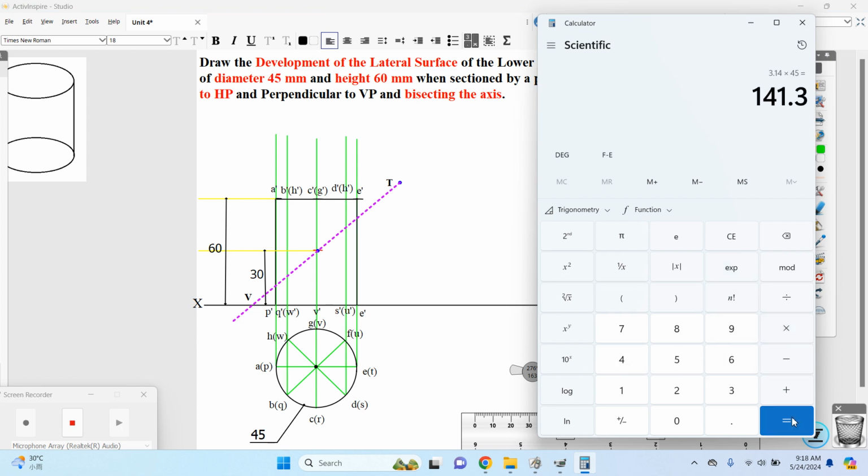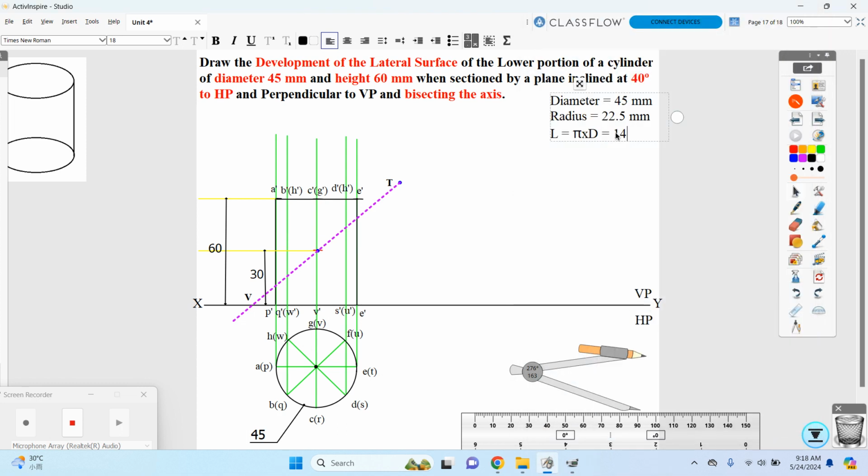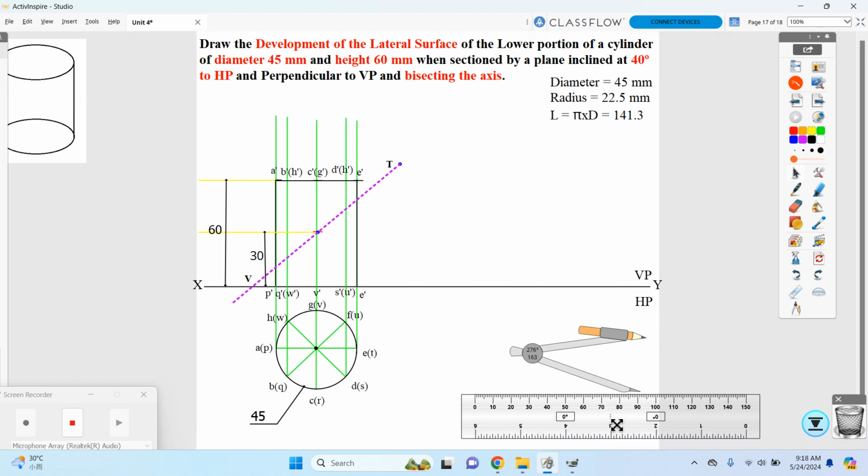If you calculate that, it will be 141.3. Okay, so we are going to mark our 141.3 over here.